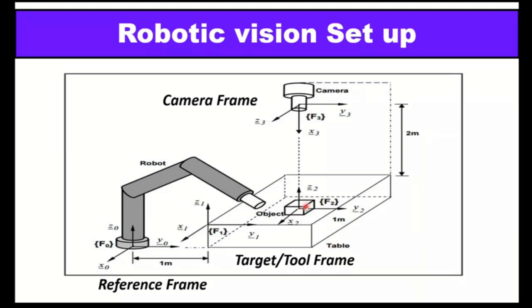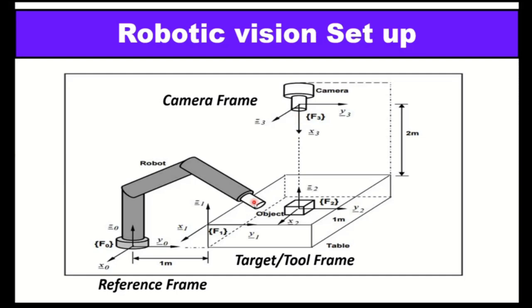object frame. So when tool, object and camera are mapped, that means we are in the workspace, or work envelope. If you recall some of the terms like work envelope, where the robot tool or gripper is working, that trajectory or that particular area is known as the work envelope.